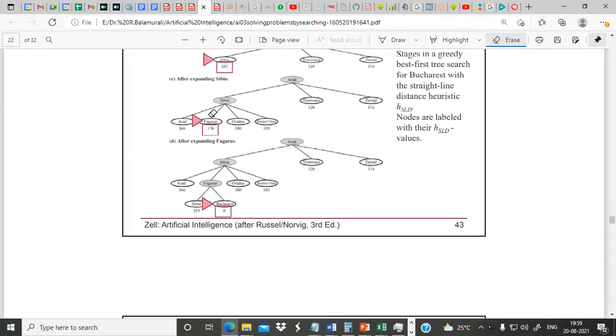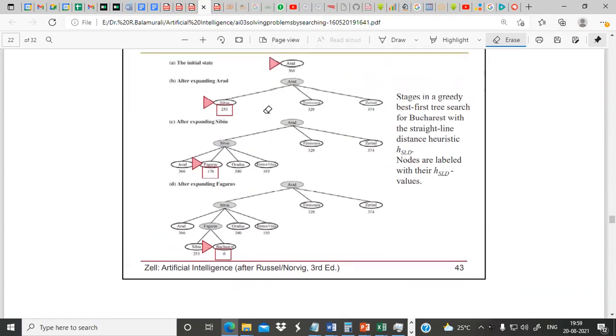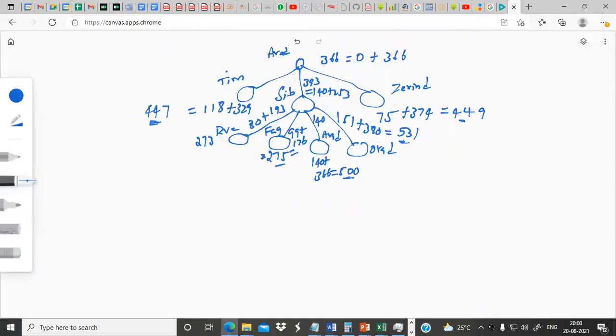So you can see here, from CPU, what it is exploring. Oh, Fagares is having less value as per this. Let me check. What is the path of Fagares? What's the actual cost of reaching Fagares from CPU?